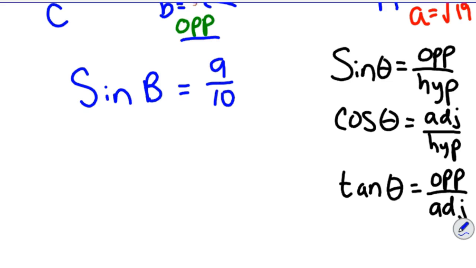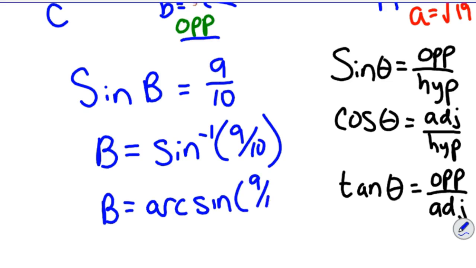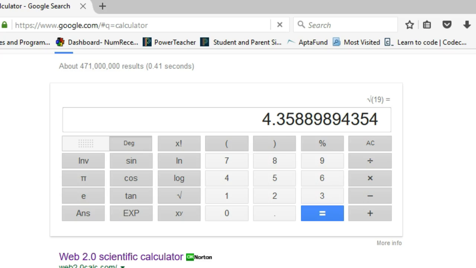In this case, we have to find the angle, which we do using inverse sine, or the inverse trig functions. So B is equal to the inverse sine, or arc sine, as it's sometimes called. I'll put that in there. Either one of those notations is just fine. So sine inverse, or arc sine, of 9/10 is going to be our angle.